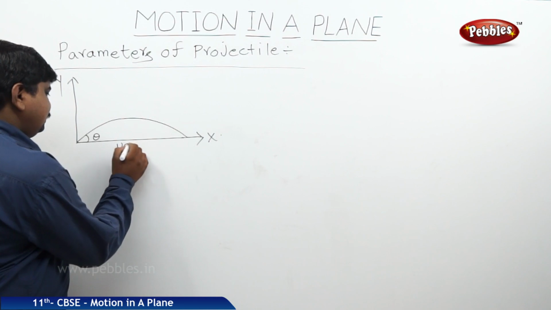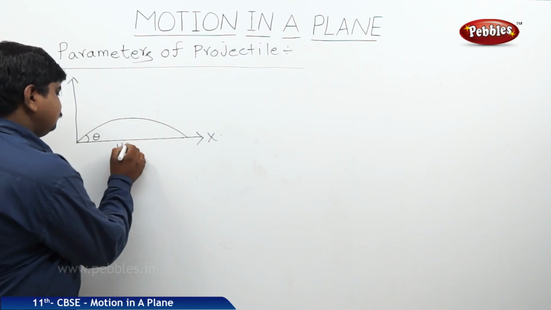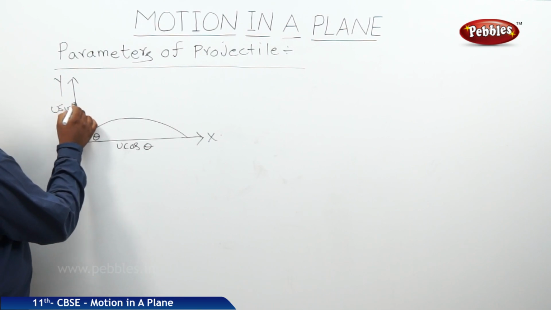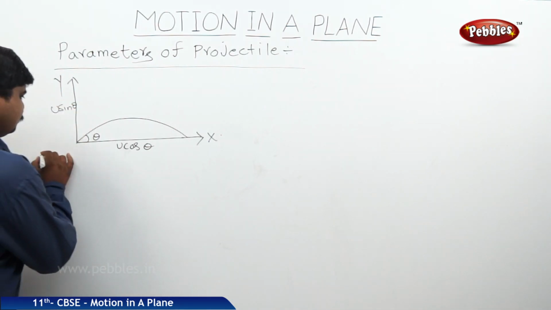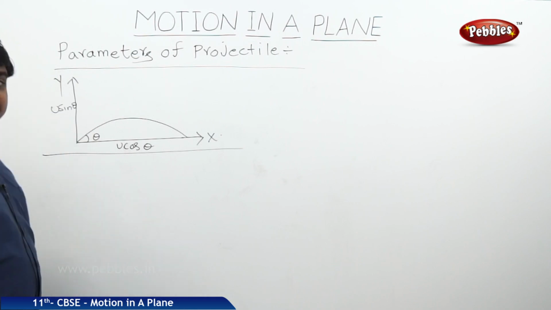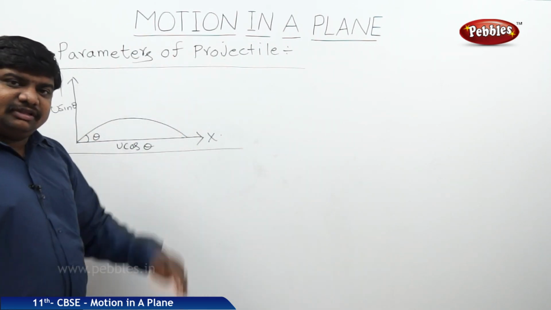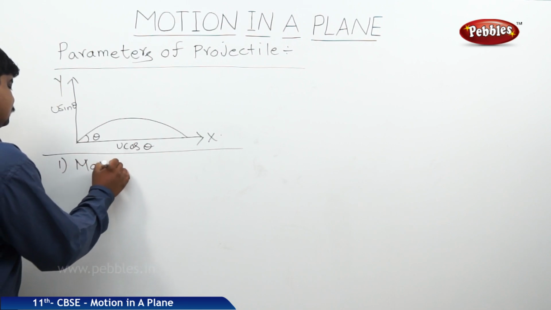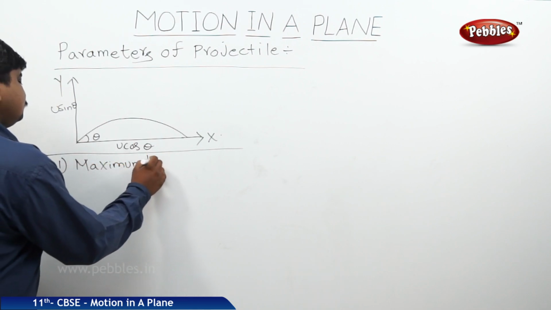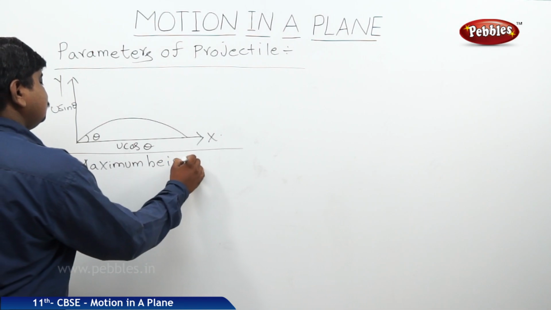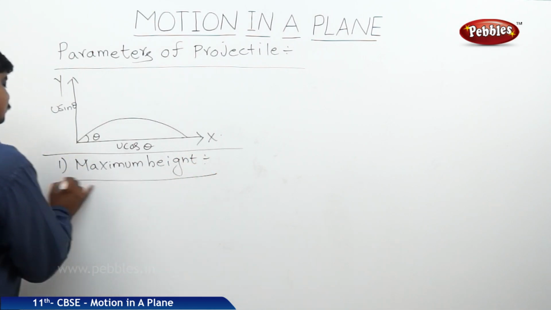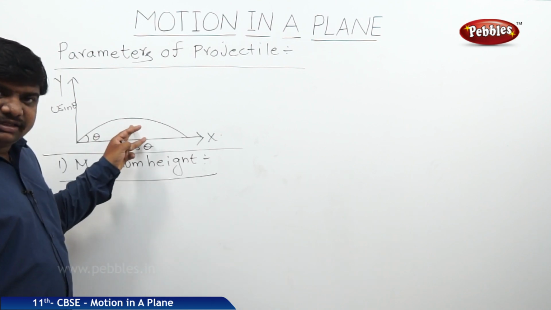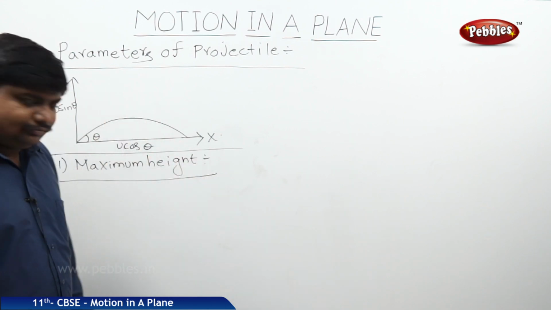Here it is u cos theta, here it is u sin theta. So the first physical quantity, or the first parameter which is associated with the projectile motion is maximum height. This is such a point from where the object starts the downfall.